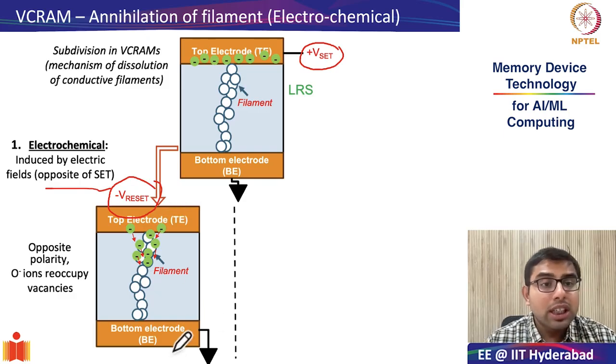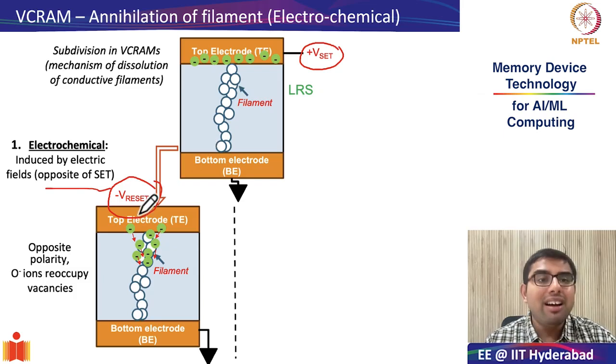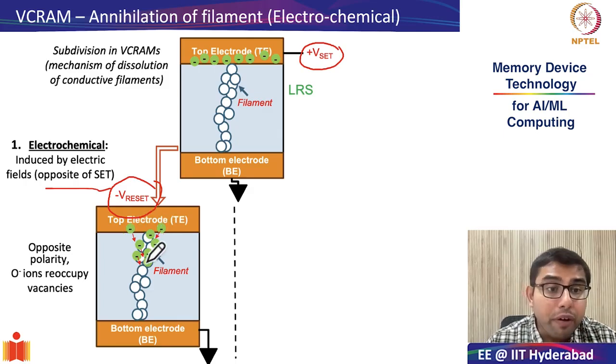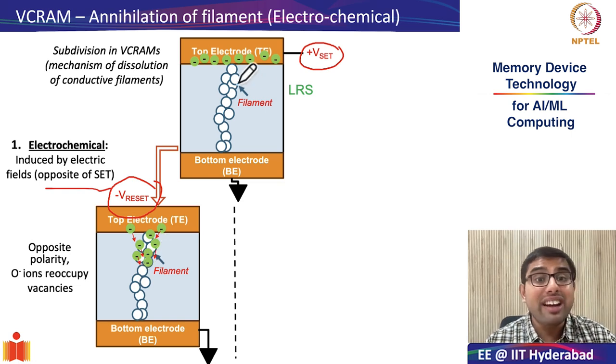So what happens? Imagine if you apply a negative bias at the top electrode, all the negatively charged oxygen anions will now start moving away from this electrode. Not only will they start moving away from the electrode, they will go and reoccupy or refill the vacancies which were once created during the set cycle or during the forming step.